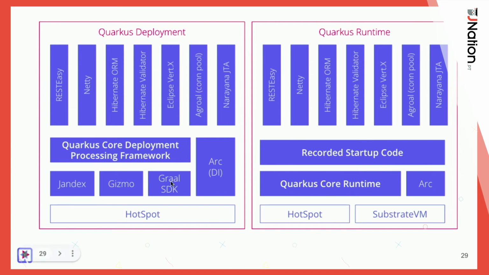And then there's kind of a core deployment framework that does all this processing. It uses some libraries we've written called Gizmo for generating bytecode, a library called Jandex for efficiently reading annotations. But all this code just stays at the deployment side. And at runtime, we just run our recorded startup time. We have a very minimal core runtime, and just the bits of the extensions that are actually needed to make your application run.